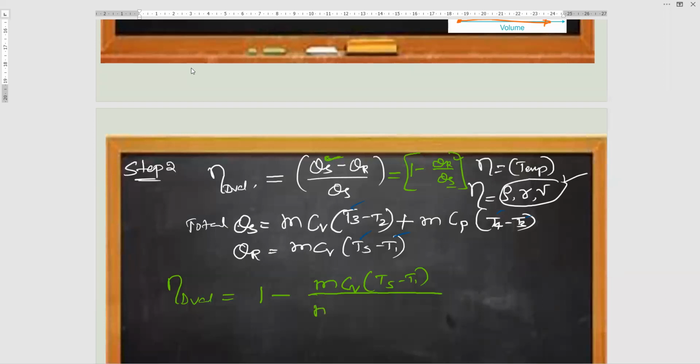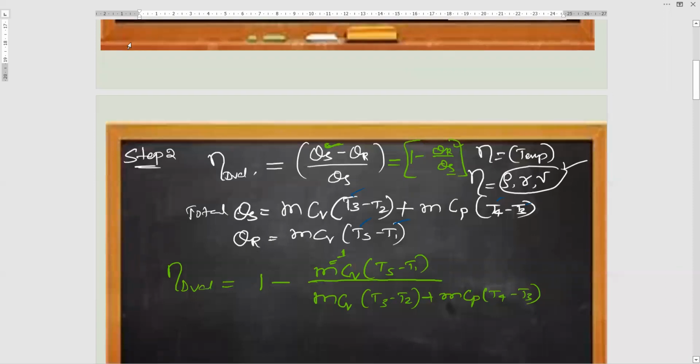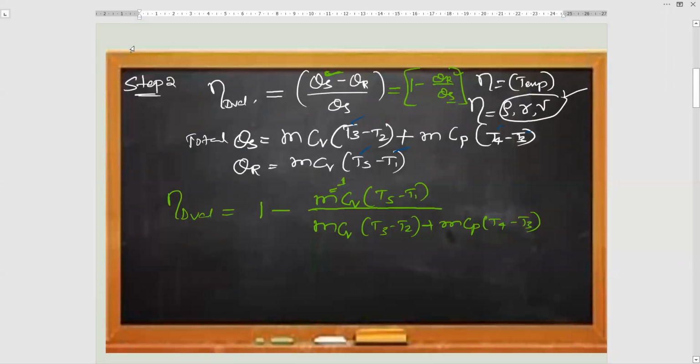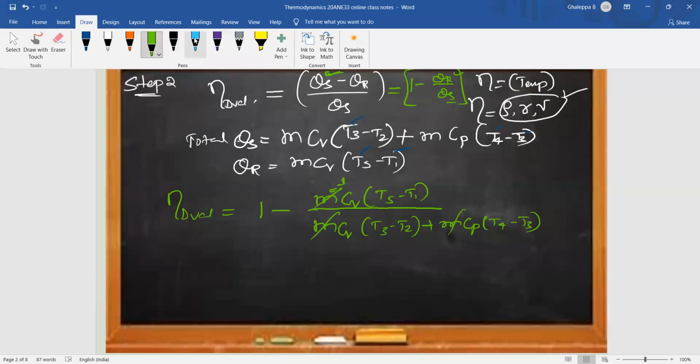Here is the heat supplied, MCV (T3 minus T2) plus MCP (T4 minus T3). And dear students, as we know, mass is always 1 kg unless given in the numerical, we'll assume it is 1 kg. So here this M and this M get cancelled. You take the common in the denominator, and it will cancel with the numerator M value.